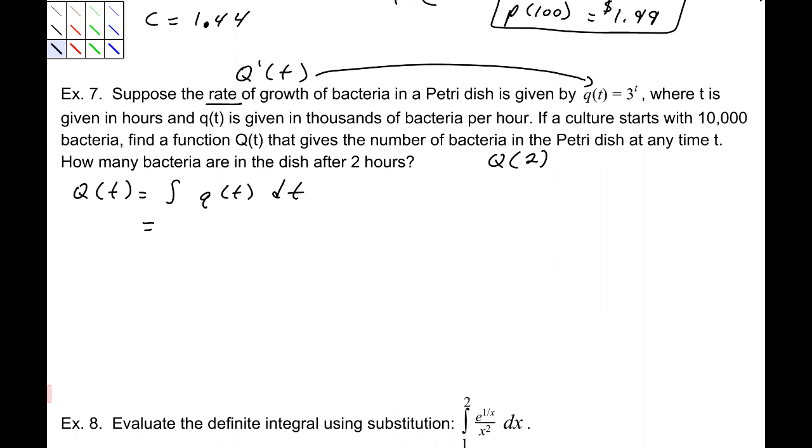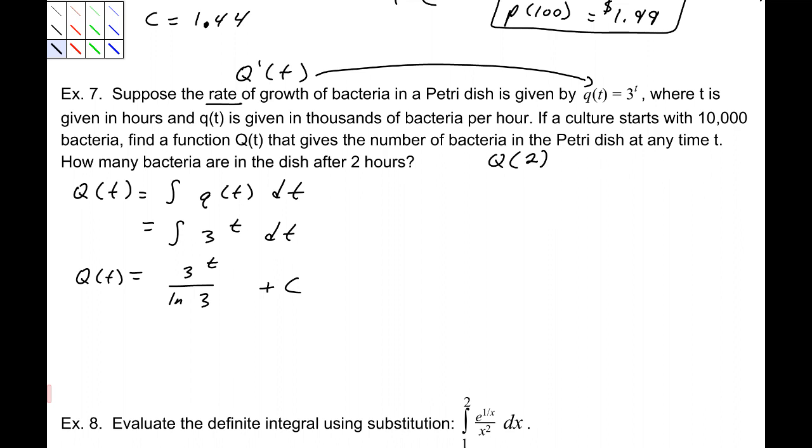All right, well, that means we are going to have the integral of 3 to the t dt. Now, based on our formula, the equation we had at the beginning, the integral of a to the x is a to the x divided by the natural log of a plus c. So the integral of this is 3 to the t over natural log of 3 plus c. That is what Q of t is.